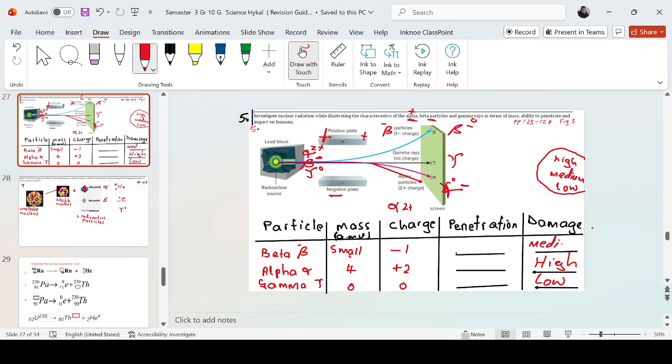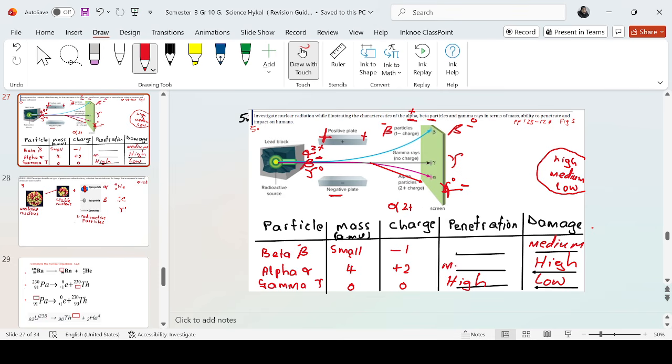The damage is medium. But when you throw this, which one will go far? The light, the radiation penetrates or goes a longer distance. It's like light. So the penetration is high. These ones which are very high, they don't go far.